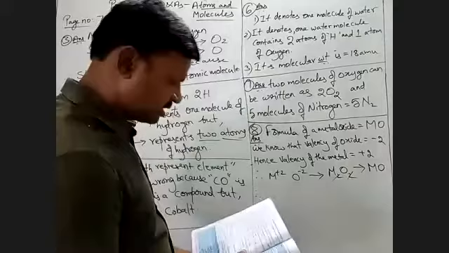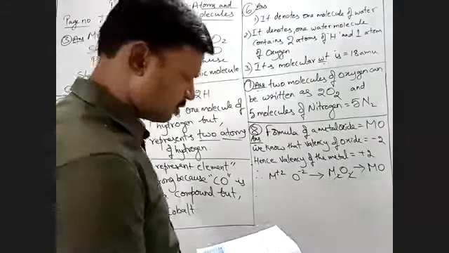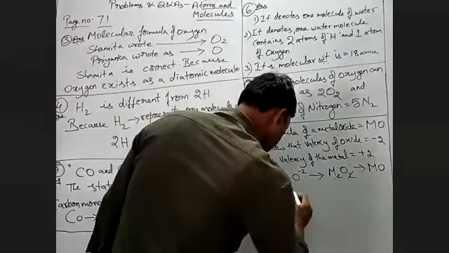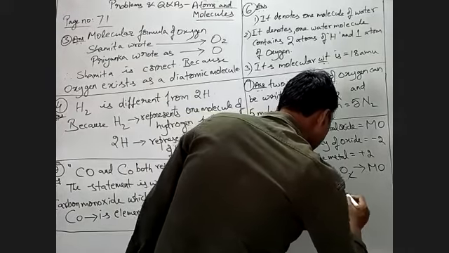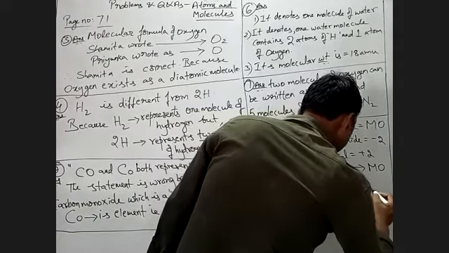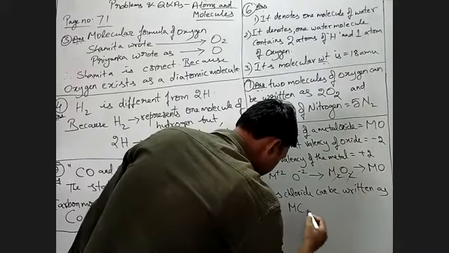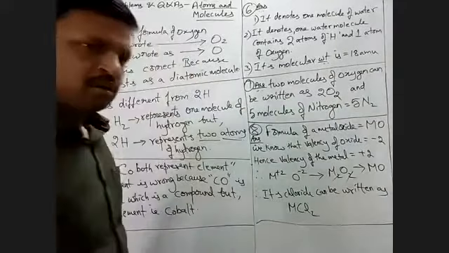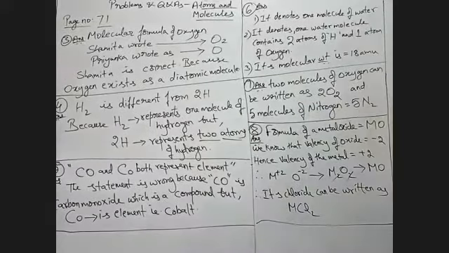Therefore, write the formula of its chloride. Its chloride can be written as MCl2. Okay, students, are you getting? That's all. That is how we analyze.